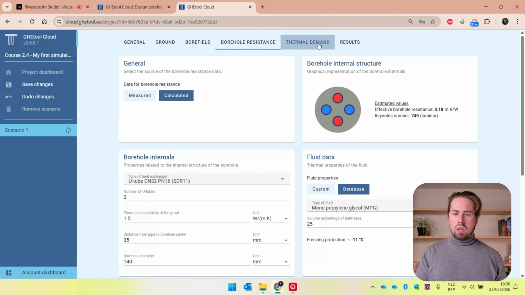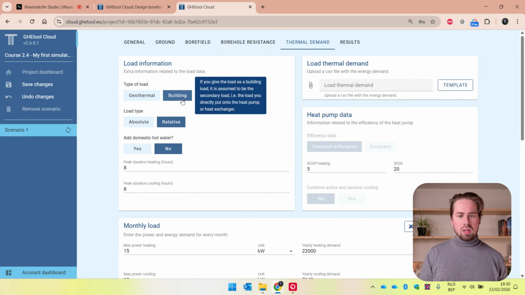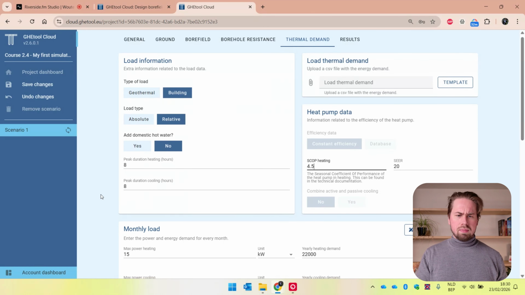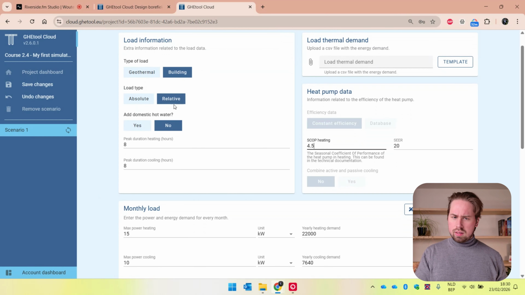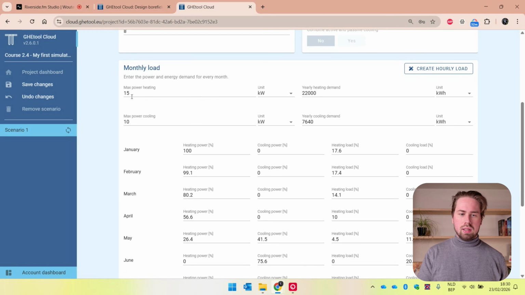Now, let's end with our thermal demand. So we work with a building demand and not a geothermal demand. And let's use an efficiency of 4.5 for heating. The peak duration, let's keep it for what it is. We will come back to that next part. Let's work with relative loads. So then we can use a certain distribution and we just have to enter our peak powers and yearly demand.